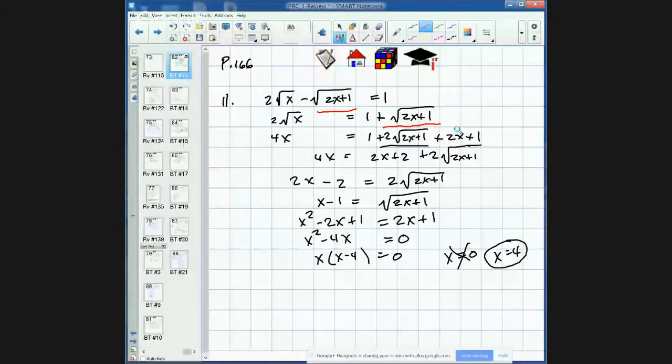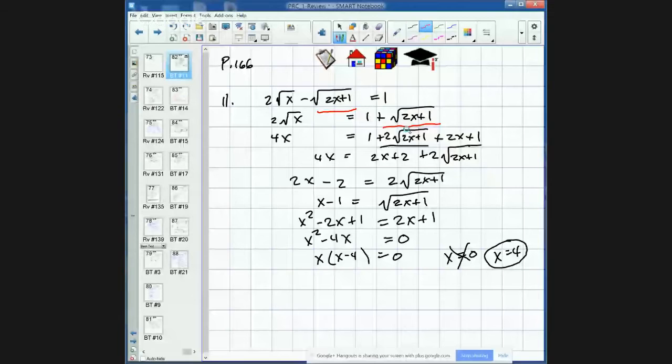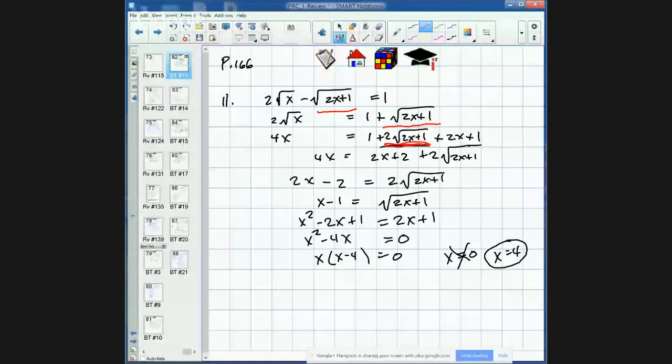I square the last term, 2x plus 1. And then comes that 2ab middle term, 2 times 1 times the square root of 2x plus 1. And that would be this guy right here. Do you need me to show you more detail on that, or does that make sense? No, I got that. All right.